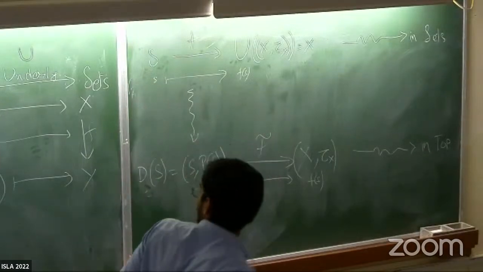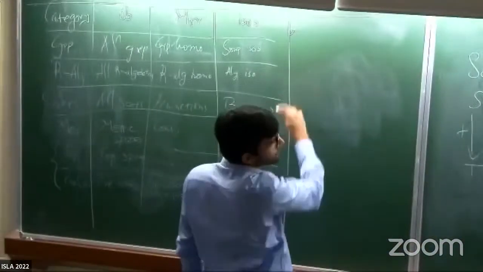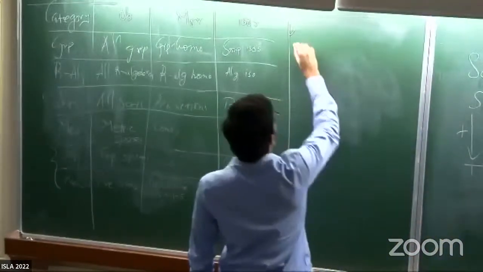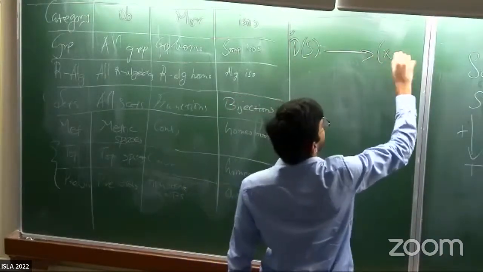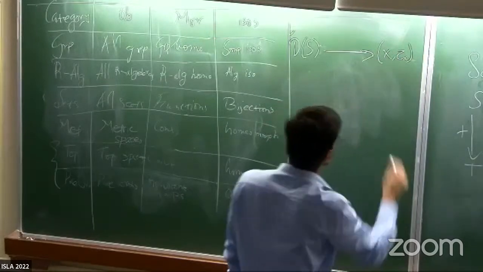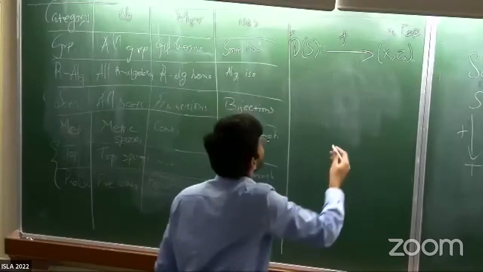So in order to do that, I need to clear some space. So on the other side, what I will do, I will begin with a map from DS to X. This will be in Top. This is a continuous map.